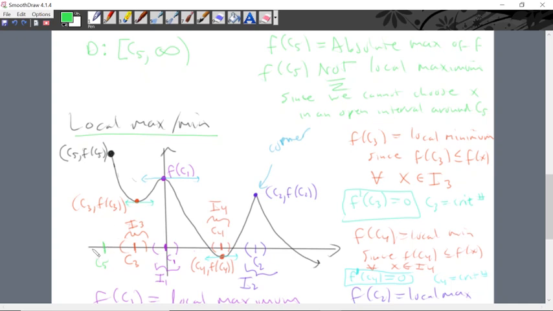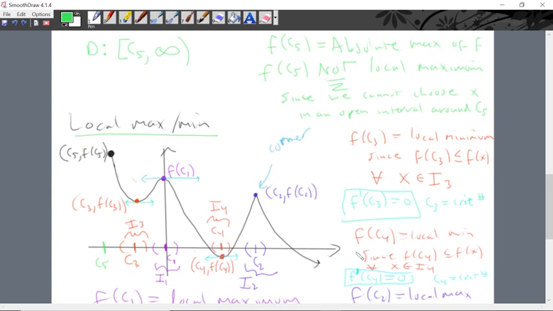And it's never possible to construct an open interval to analyze when you're looking at an endpoint. So we're not going to classify an endpoint as a local max or min, but we can classify an endpoint as an absolute maximum or an absolute minimum.